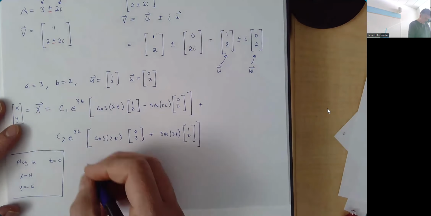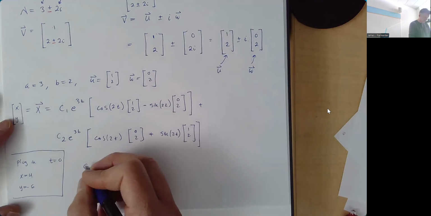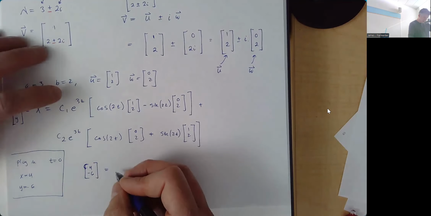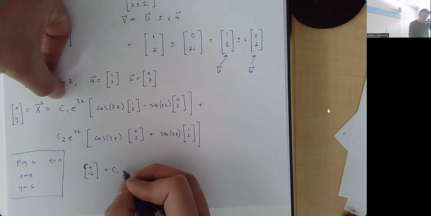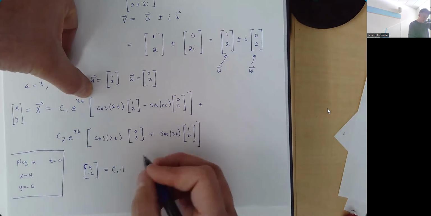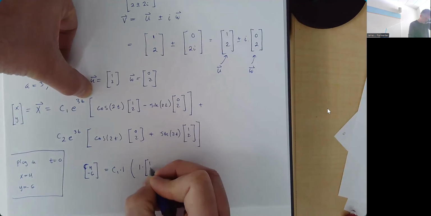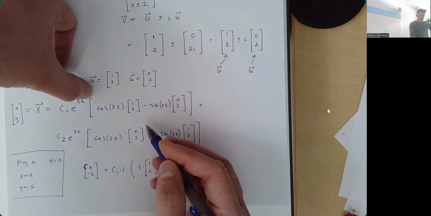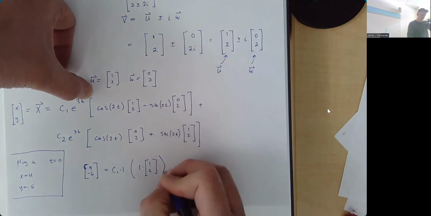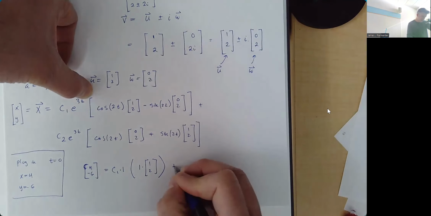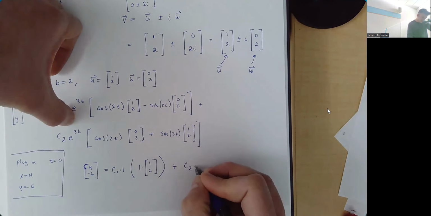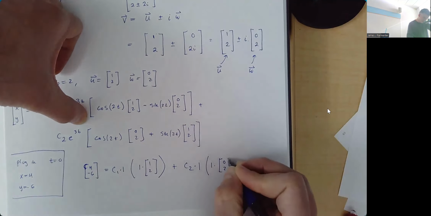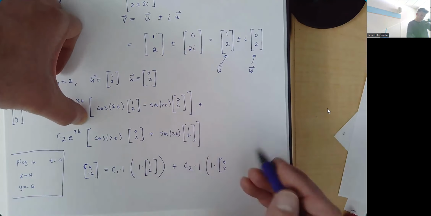So on the left hand side, I'm going to get 4, negative 6 equal to C1 times e to the 0, which is 1, times cosine of 0, which is 1, times 1, 2, minus sine of 0, which is 0, and I shouldn't even think about writing anything over here. I should just write nothing. Plus C2 times e to the 0, which is 1, times cosine of 0, which is 1, times 0, 2. Plus sine of 0, which is 0, and I shouldn't write anything over there either.